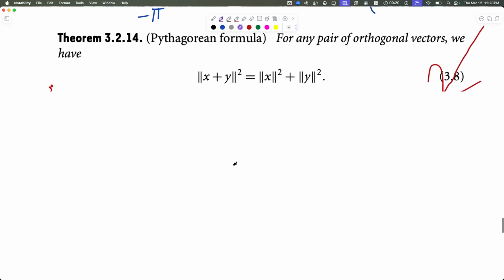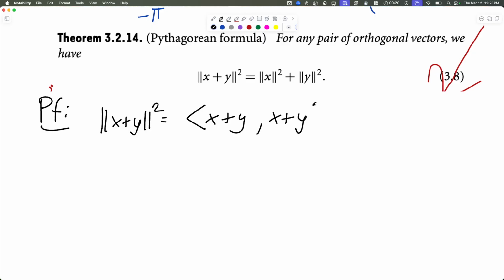So you can do the proof from before, or let's just write it out again because I think it's instructive. So x plus y squared, you should get very good at expanding this out with FOIL or whatever method you do.